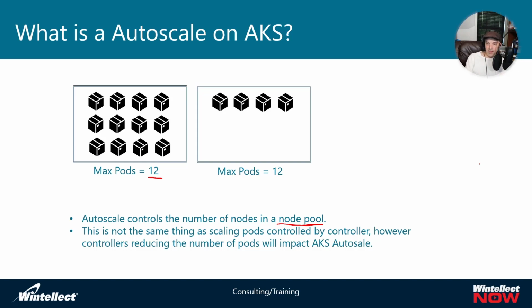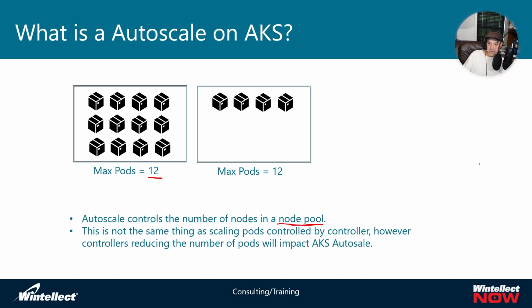And as that demand goes down, if over a period of time the number of pods decreases and I no longer need the maximum number of nodes, then Kubernetes will shift some of that work to other nodes, and it will start to deprovision the nodes to bring the compute more in line with what you're actually using.